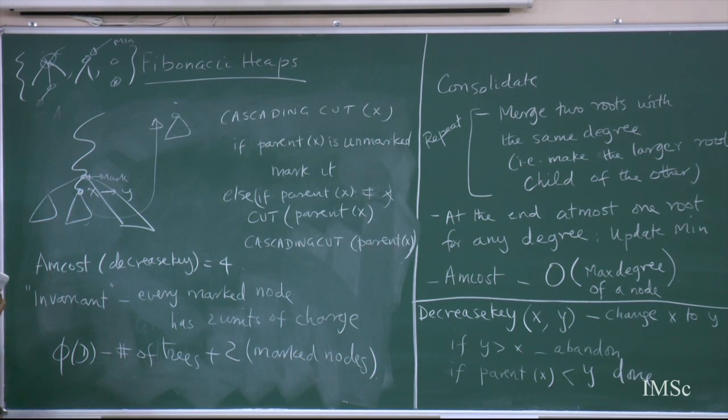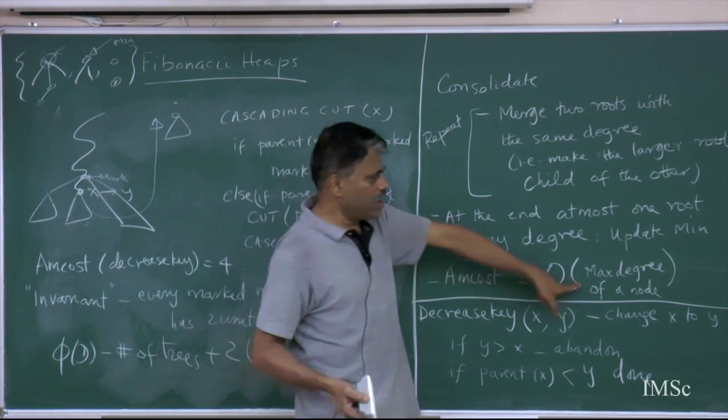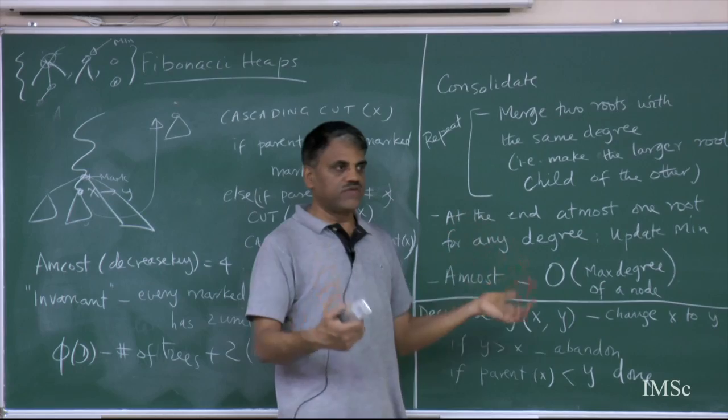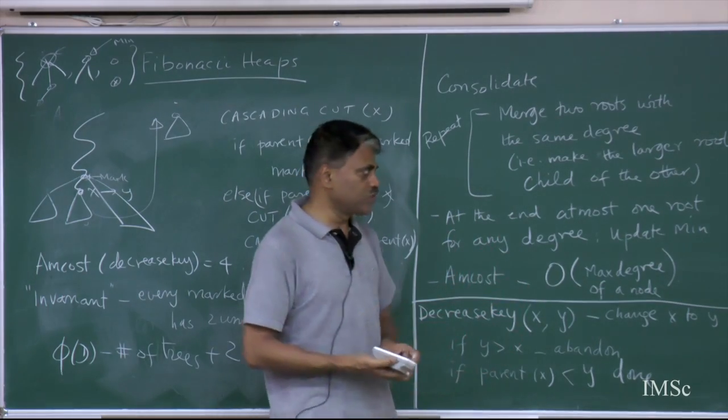Now all I have to argue, because of this careful choice of cuts, is that I never allow more than 2 cuts to any node. I allow 1 cut and maybe 1 more cut, and then I will cut myself and go somewhere else. Because of that, the degree of any node on a tree on n nodes will be logarithmic, which is what we want.